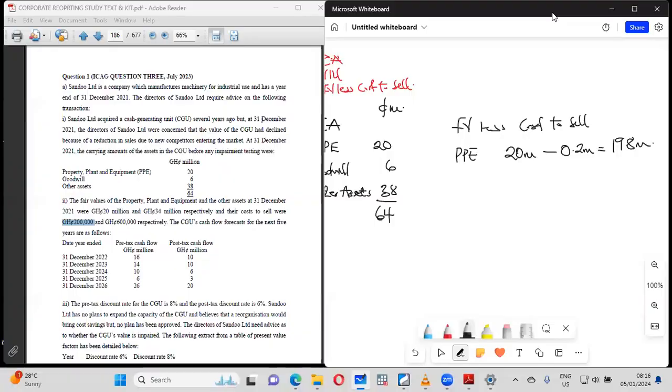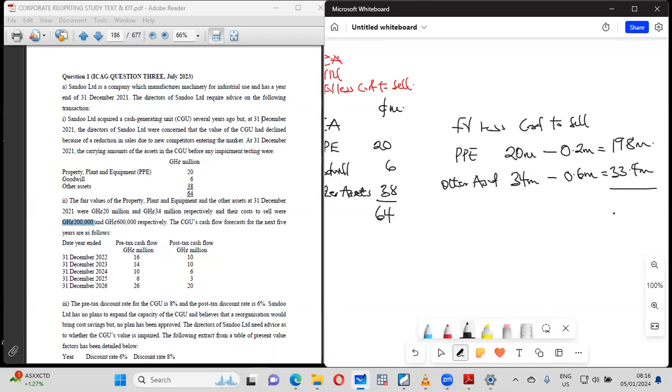Then we also have the other assets. We have 34 million, and the cost to sell is 0.6 million. So 34 minus 0.6 gives me 33.4 million.